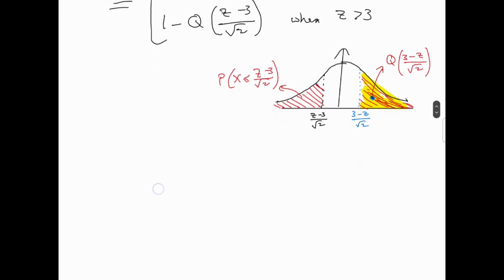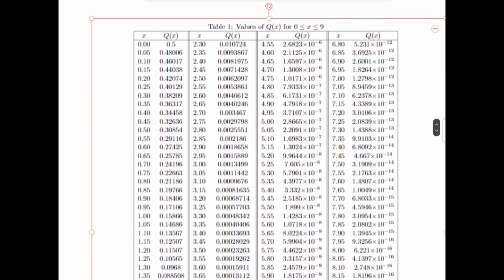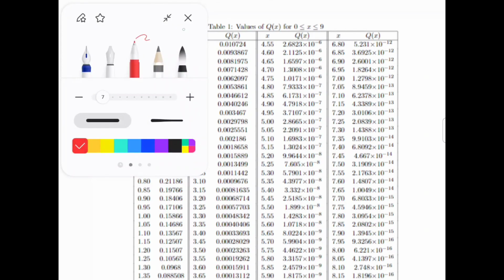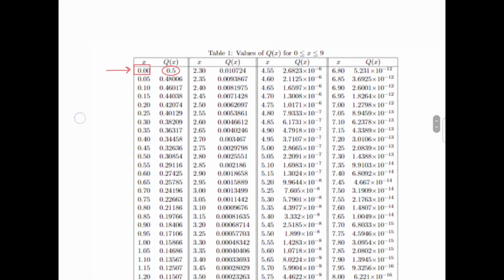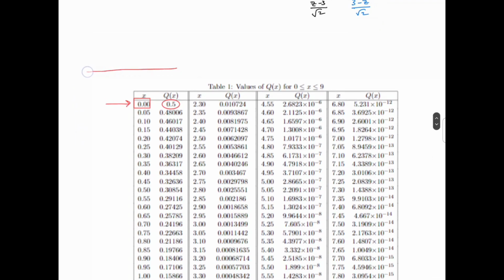And the Q function is usually calculated using the Q function table, which gives the value of x and Q of x. When x is 0, we are at the midpoint, and Q of 0 is 0.5 because it's half the area.